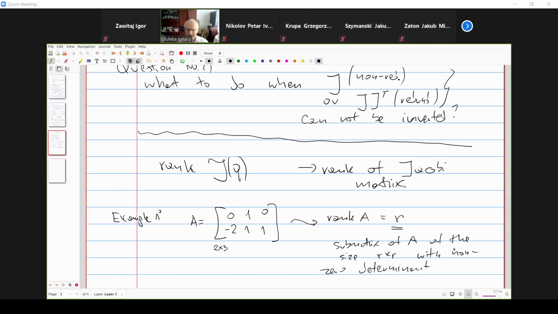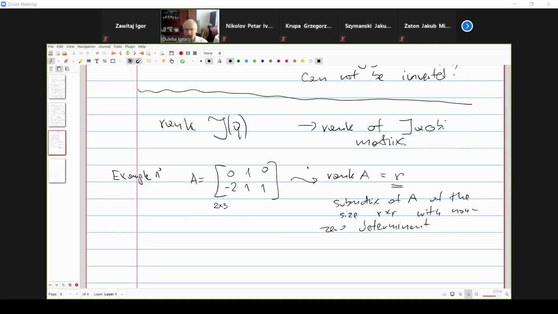So let's check how it works in this case. Oh, maybe I will need to add, and R must be the maximal value.